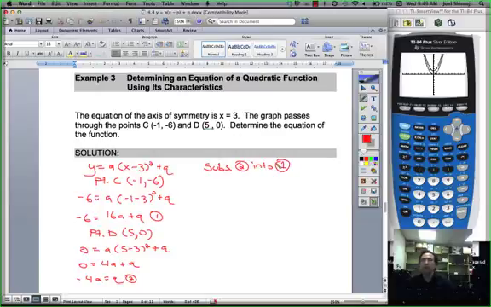So this is from IAPC in grade 10. So we end up with negative 6 equals 16a, and this is where we put in the minus 4a. We're substituting in for the q. So we get negative 6 equals 12a. So my a value is equal to negative 1/2.